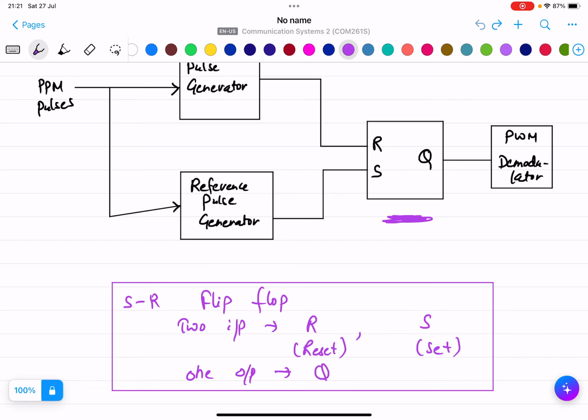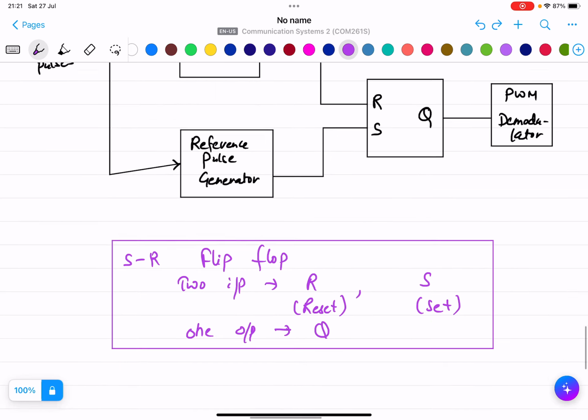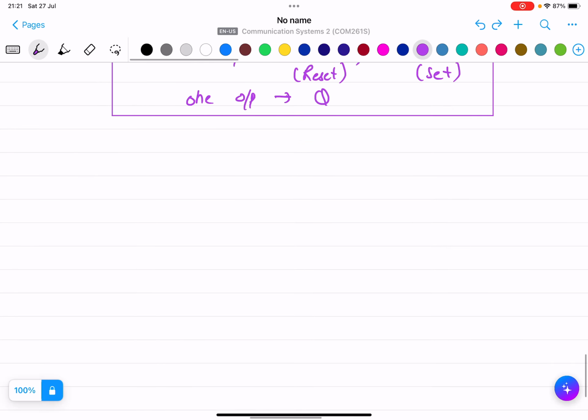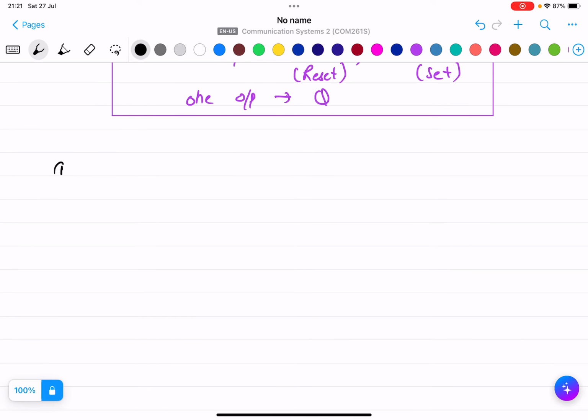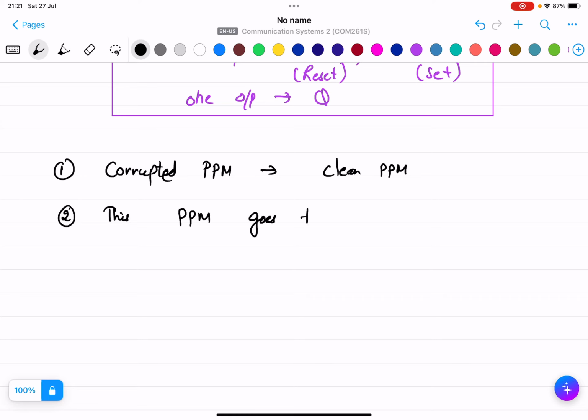I am explaining it and writing it so that you understand. The first point: the corrupted PPM, meaning PPM with noise or anything, will become clean PPM first. This PPM goes to the reset pin.